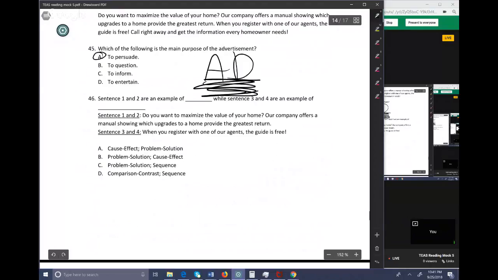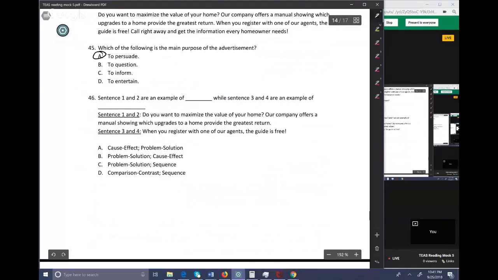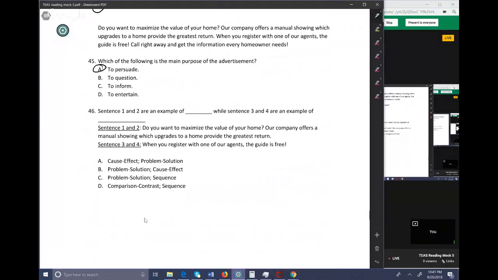Sentence 1 and 2 are an example of blank, while sentence 3 and 4 are an example of blank. These aren't perfect, but I felt like this was a really good place for you to practice your structure a little bit. So sentence 1 and 2 are, do you want to maximize the value of your home? Our company offers a manual showing which upgrades to a home provide the greatest return.